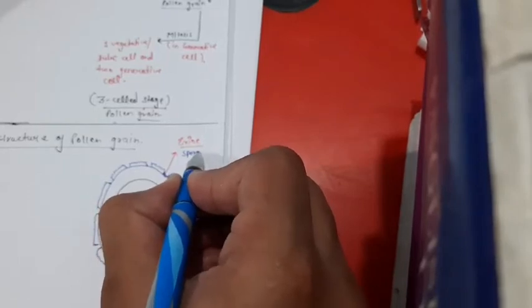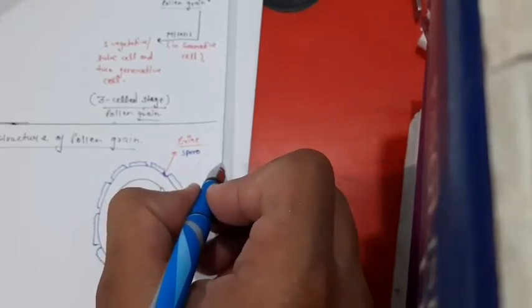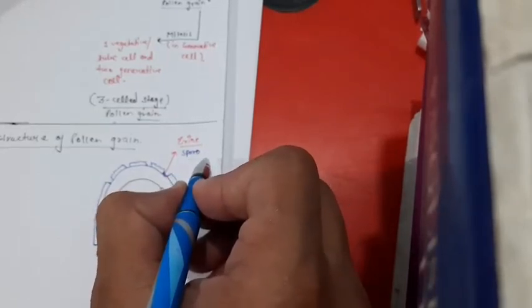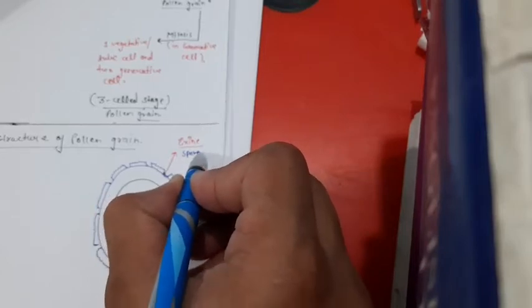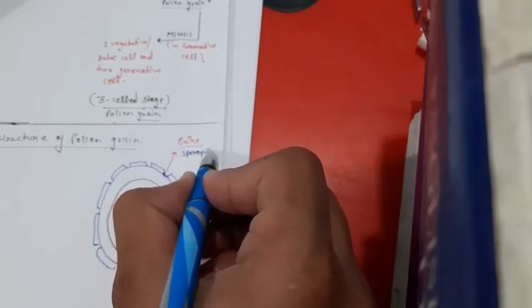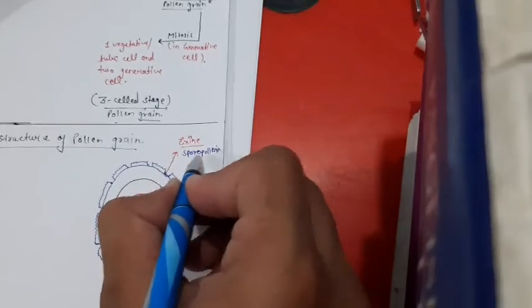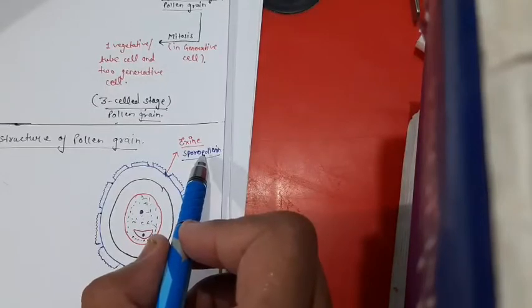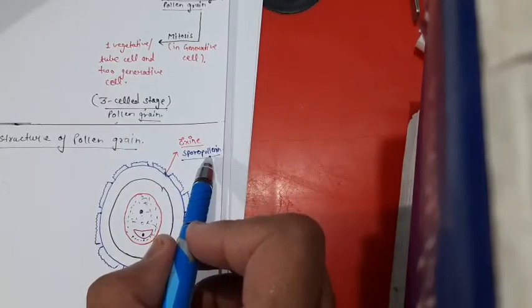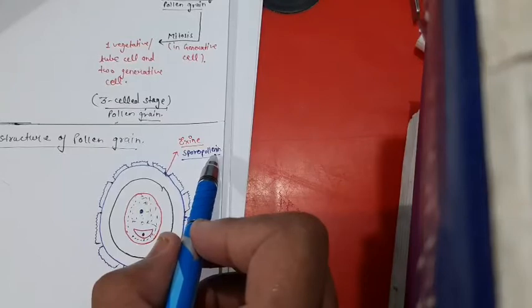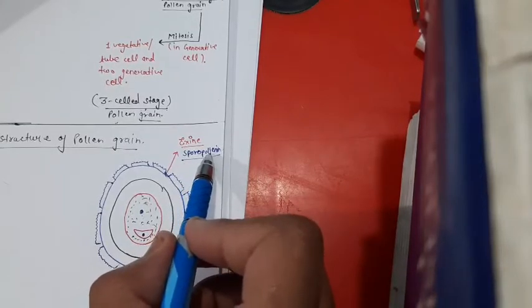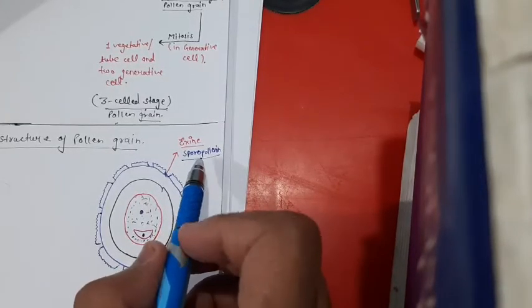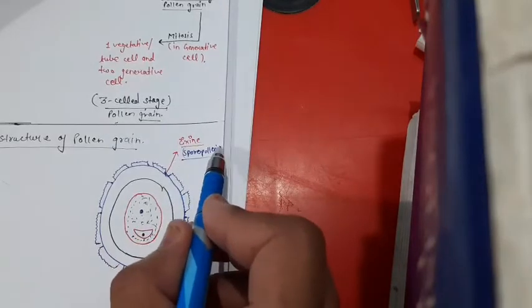Sporopollenin. What is the spelling? Sporopollenin. So exine is made up of sporopollenin.